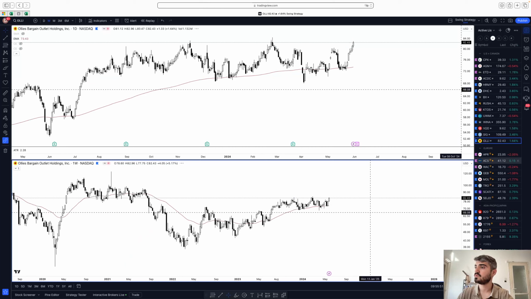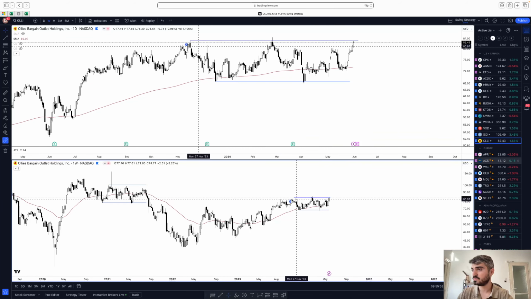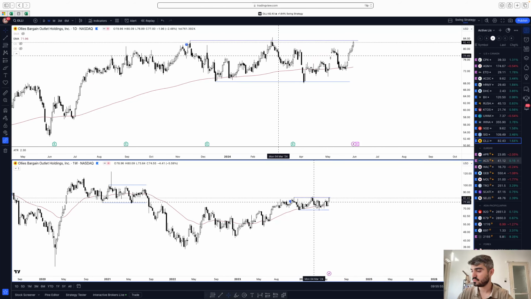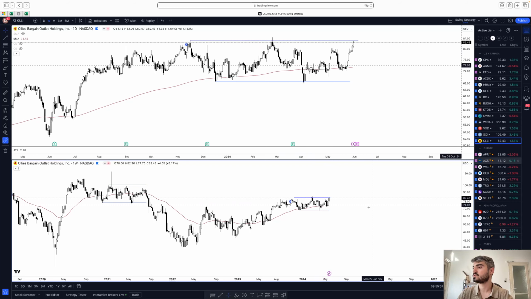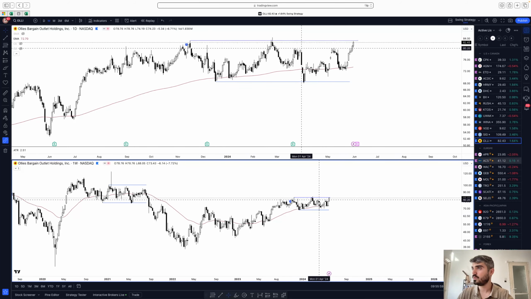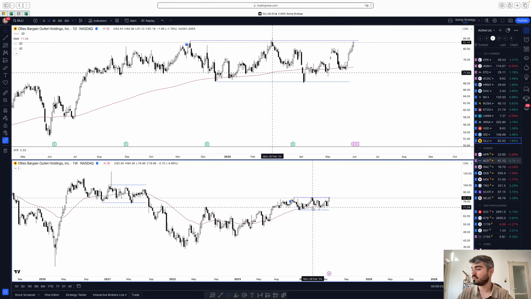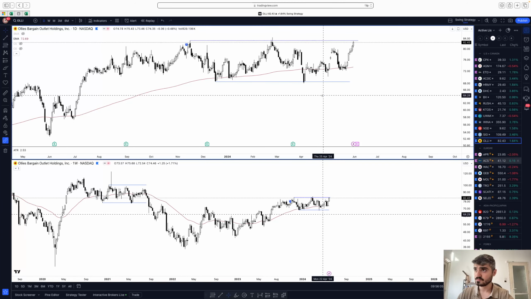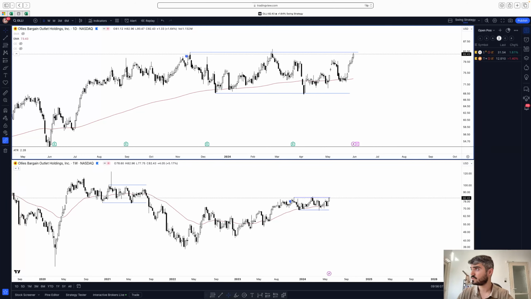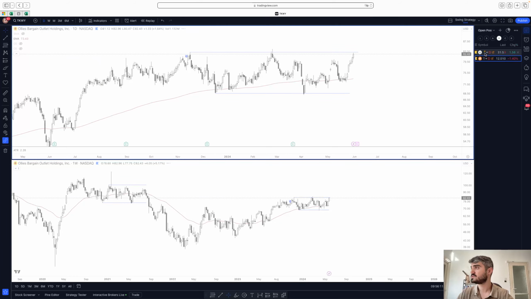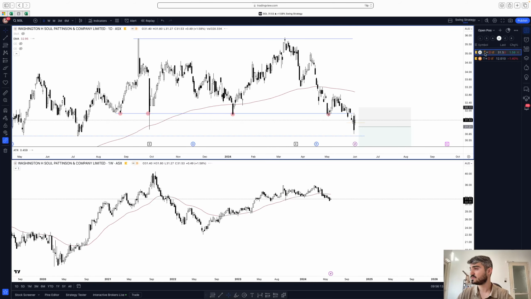And OLLI, another continuation rectangle, 1, 2, 3, and 4, okay. So far looking good, well defined, not so many wicks, if at all, beyond the pattern boundaries.